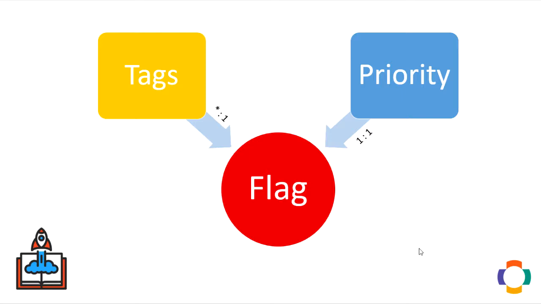But a flag is not just a standalone entity, it is also associated with two other entities. The first is priority. What priority does is it prioritizes the flag. So a priority can be high, low, or medium, or anything else we can configure it to be.